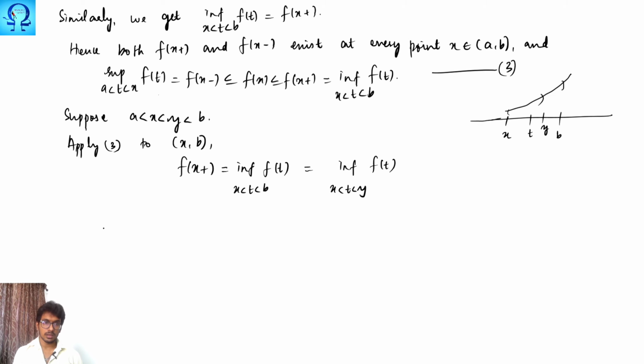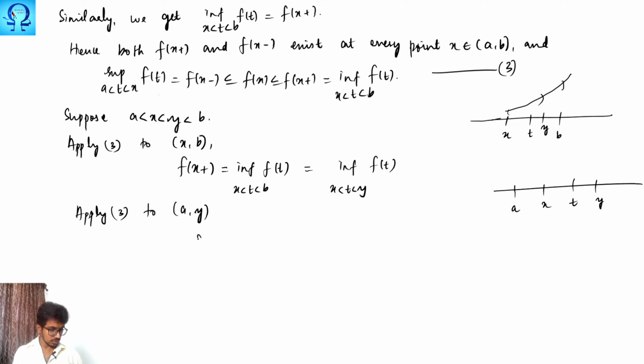Now I will have to apply the same to (a, y). So here, what am I going to get? If you see, this is my a, this is my y somewhere, and this is my x, and I am going to take some t here. Initially I am applying a to y.